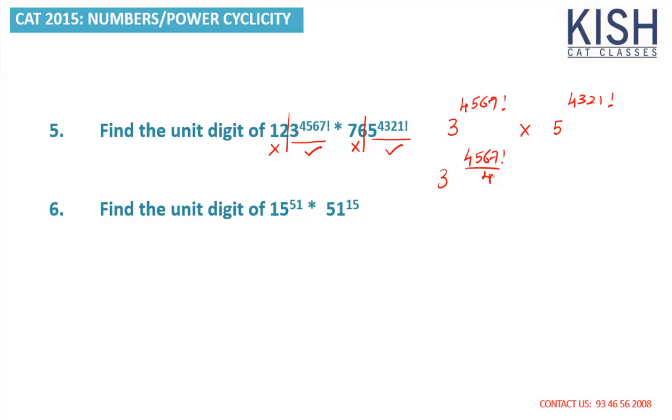Now 4567 factorial divided by 4 is very simple. 4567 factorial is nothing but 1 into 2 into 3 into 4 and so on into 4567. If we divide this number by 4, what happens? We are focusing on the remainder, not the value. So 4 is there, so the remainder is going to be 0. When the remainder is 0, we need to take the last term of the cycle. In the 3 cycle, the last term, which is the unit digit of 3 power 4, that is 81, that is 1. So it's quite simple. So the unit digit of 3 power 4567 factorial is 1.